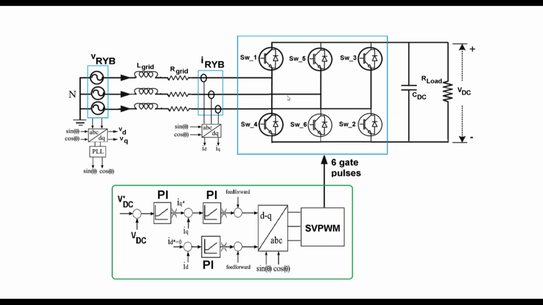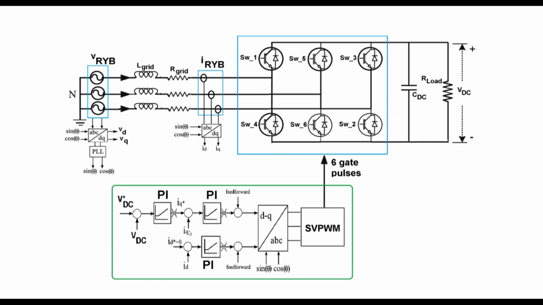So after we have made the power circuit and the parallel logic, now we will be doing the logic circuit of this block. So for that we will subtract the VDC from VDC reference and the VDC, and there is a PI controller with a limiter, and it will generate the IQ reference.